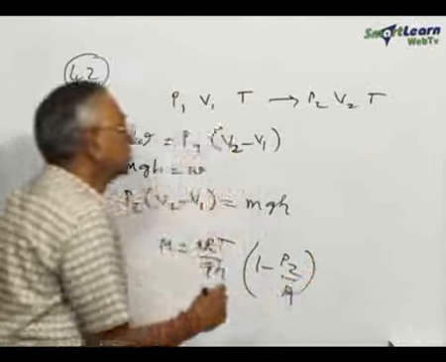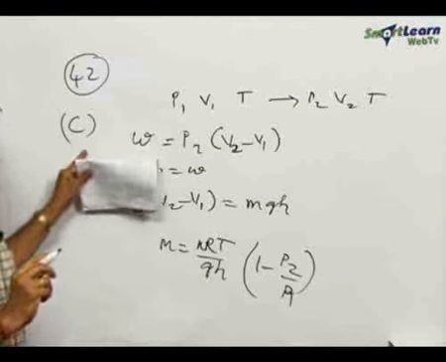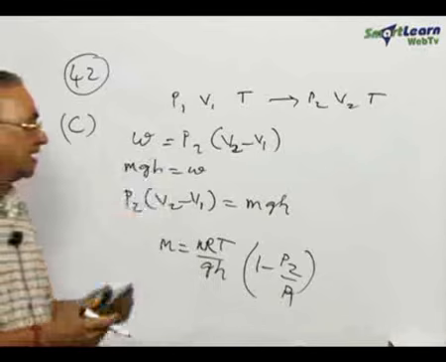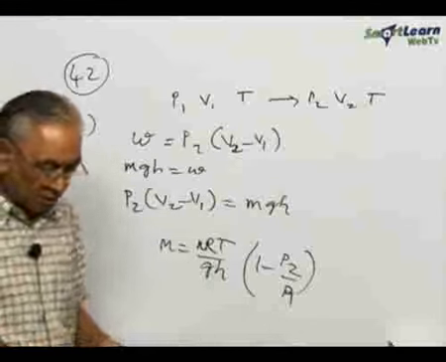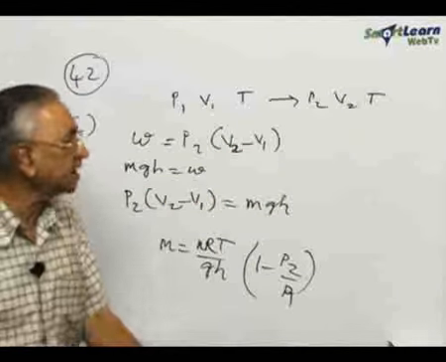So, the correct option for this question is option C. I am not sure whether the question has been given correctly, because there seems to be some sort of printing mistake.